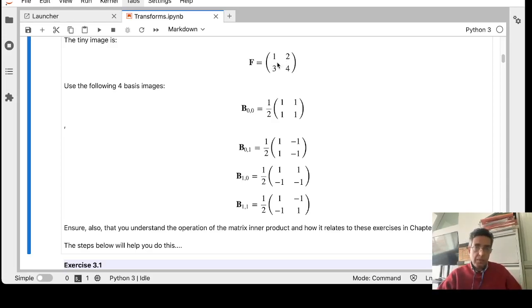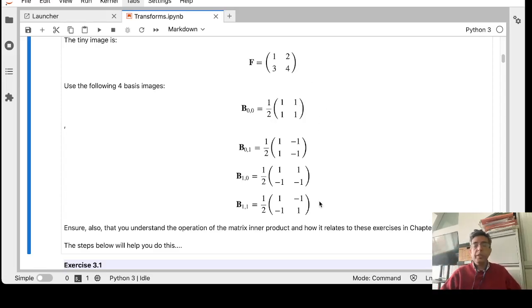If you want to think in terms of standard matrix vector algebra, what you're doing is unraveling this image matrix into a vector of 4 by 1, and you're unraveling each of these basis images also into a corresponding 4 by 1 vector, and then you're doing a dot product in turn between this image and each of these basis images as vectors, separately.